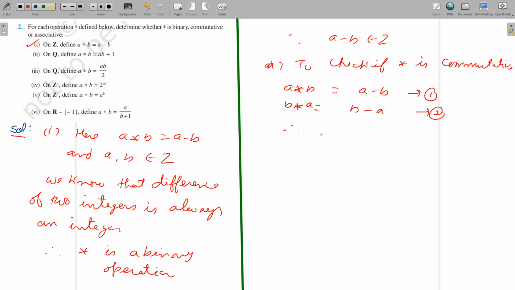Therefore, from 1 and 2, we can say that A star B is not equal to B star A. Therefore, we can say that star is not commutative.